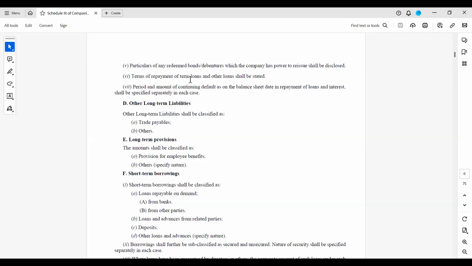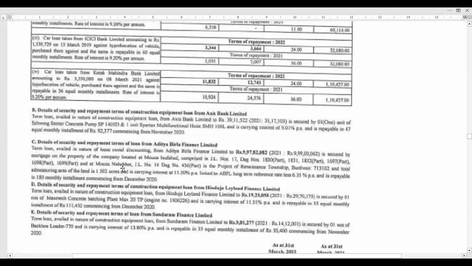Terms of repayment of term loans and other loans shall be stated. You see here very clearly they are telling you the terms of repayment. This is what they have done there. This is the terms of repayment.